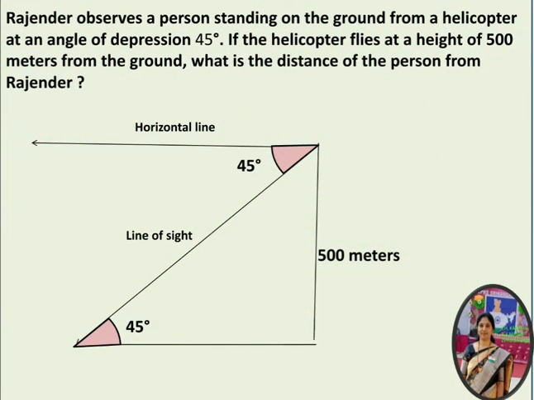So now let AB, so AB becomes the height of the helicopter, and at C the person is here, and B is the position of the Rajendra. Now we have to find out the length of BC.